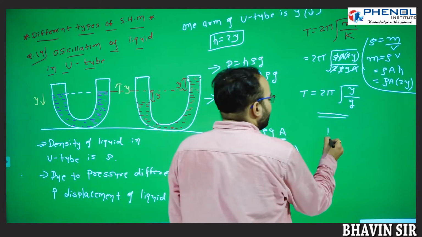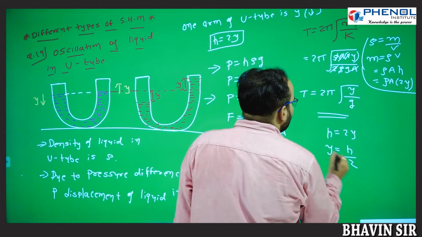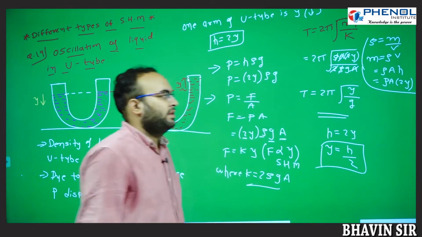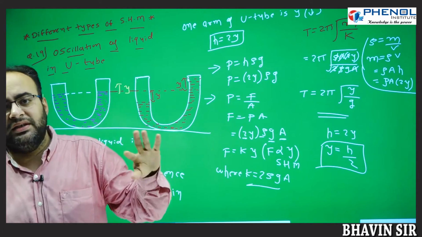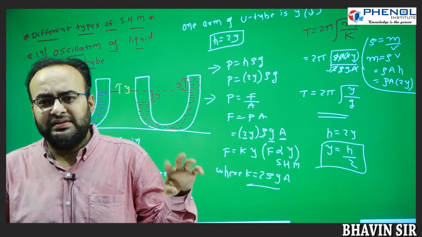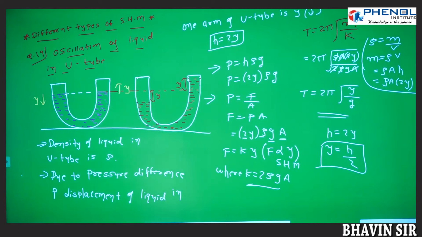The total displacement h is equal to 2y, so y is equal to h by 2. So this is the oscillation of liquid in a U-tube, and that is question number 19 in the NCERT textbook, in the exercise.